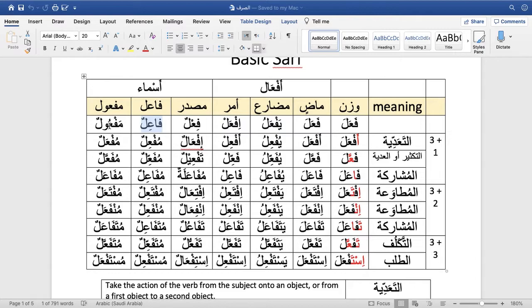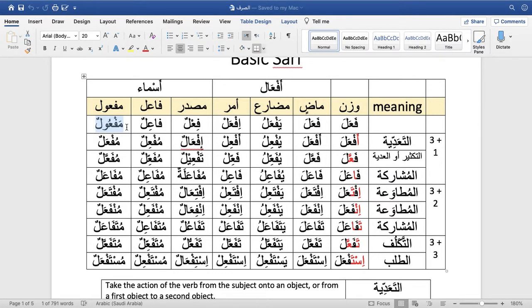Then we have the ism maf'ul, which is the one who is receiving the action, the one the action is done upon. Back to our examples, we will say cooking, the cook, and we will say the cooked, right? Like the cooked thing.